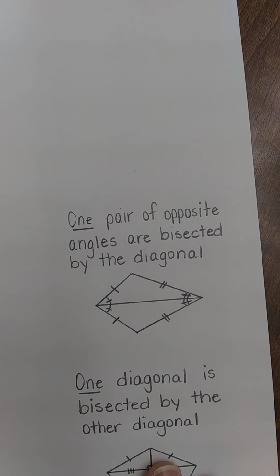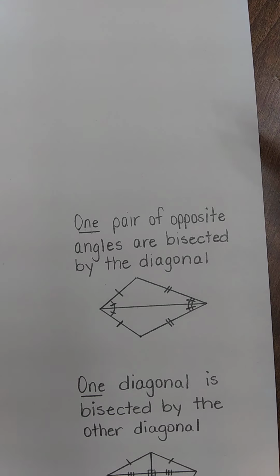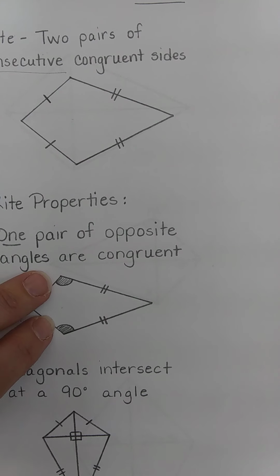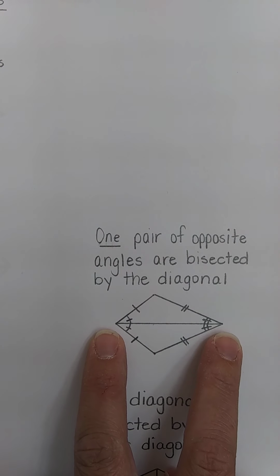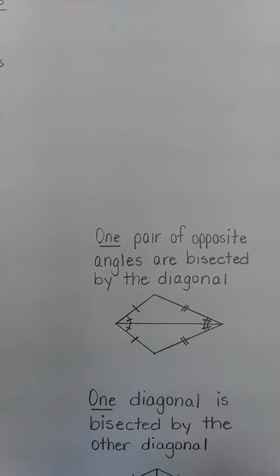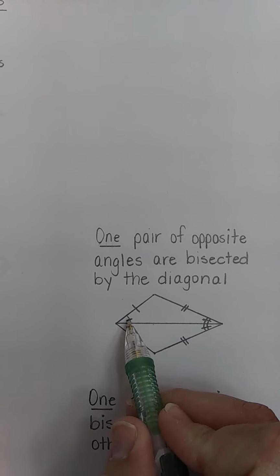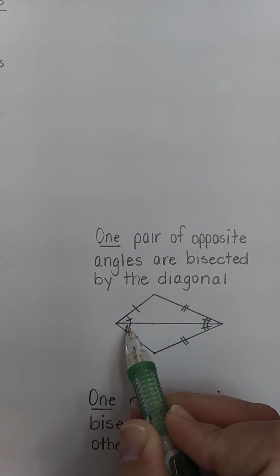Another one is one pair of opposite angles are bisected by the diagonal. So this is important to kind of note the difference between these two. So these two angles where the two different lengths come together, those are congruent. This is talking about the two angles where the same lengths come together. So the one tick mark, that creates this angle in here.